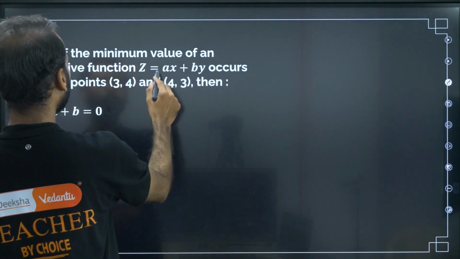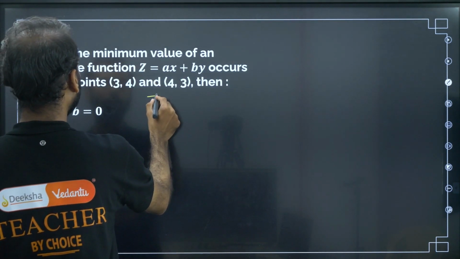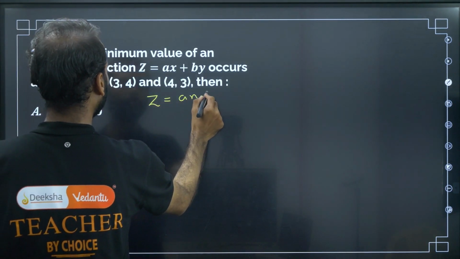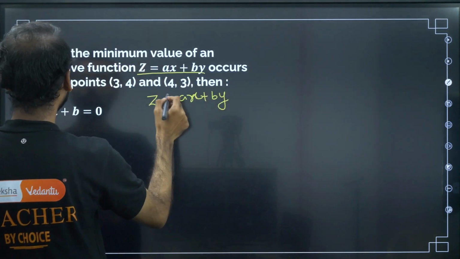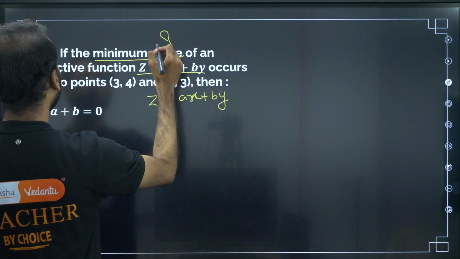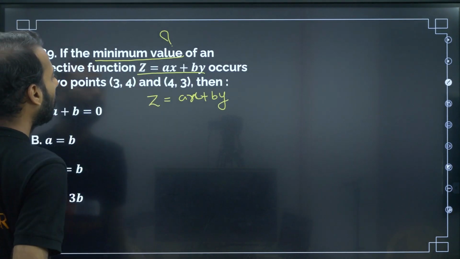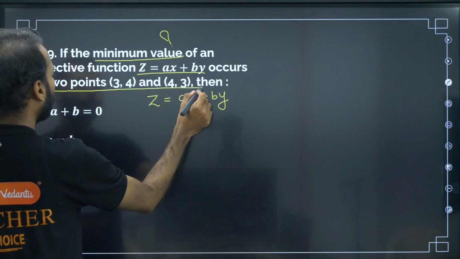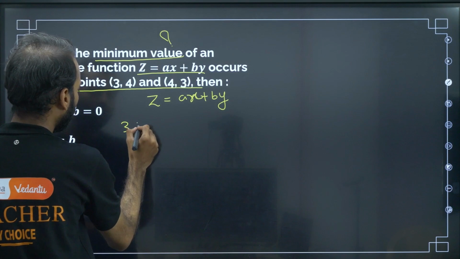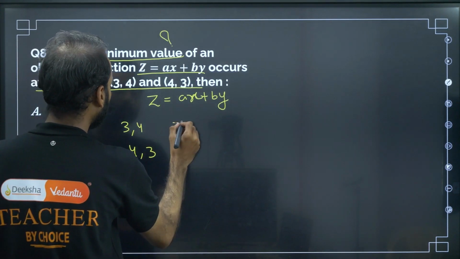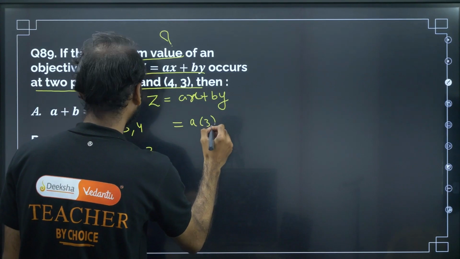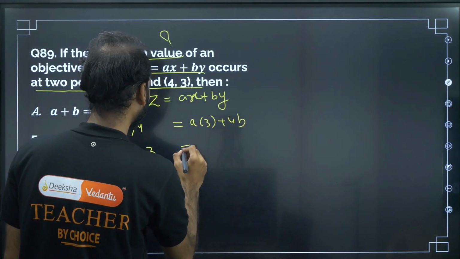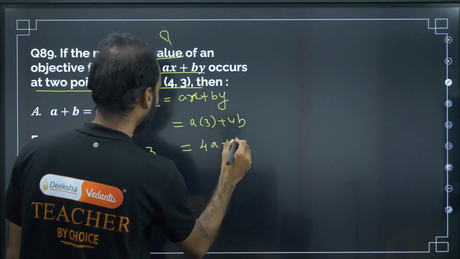The minimum value of the objective function. So easy question only. Z is equal to ax plus by. The minimum value they're asking to find occurs at 2 points, 3 4 and 4 3. So if I write this, a in place of x, 3, b in place of y, 4, the other is 4a plus 3b.